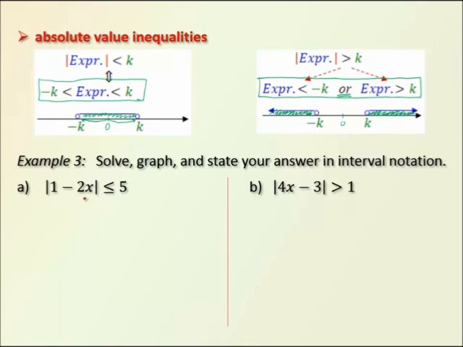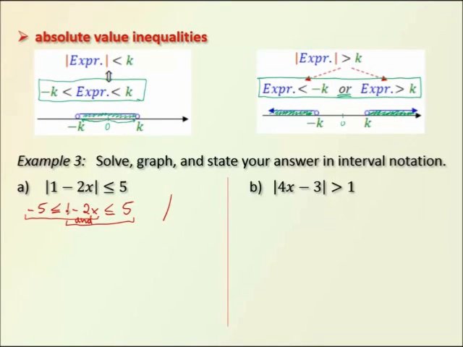In the first inequality, we have something in absolute value smaller or equal to 5. Therefore, this something should be enclosed by -5 and 5. So the connecting word between these two separate inequalities is and. Let's solve it for x.